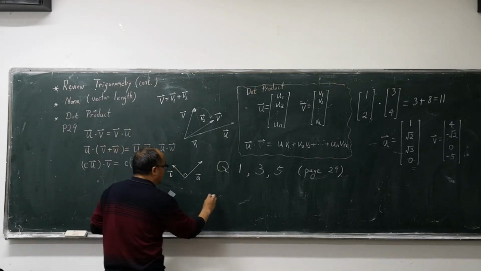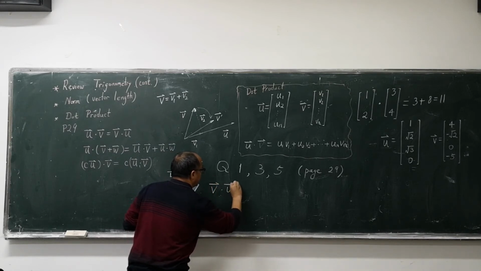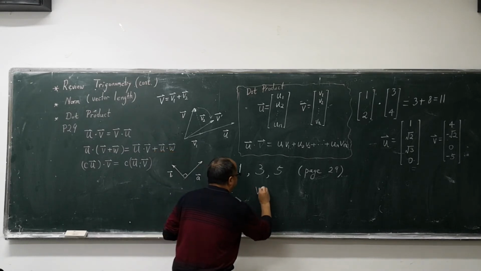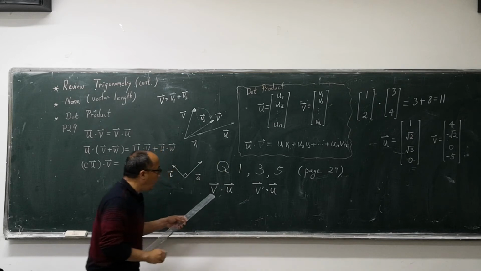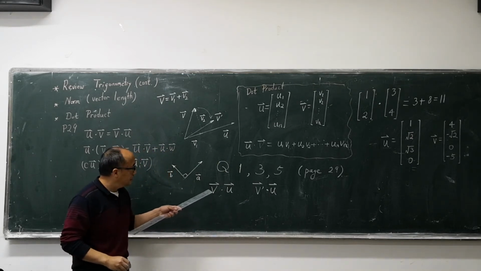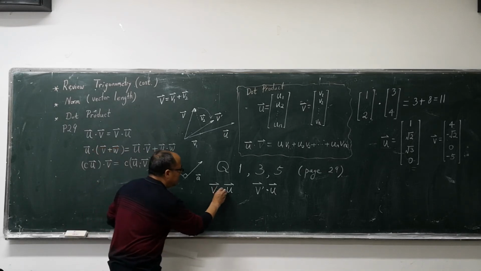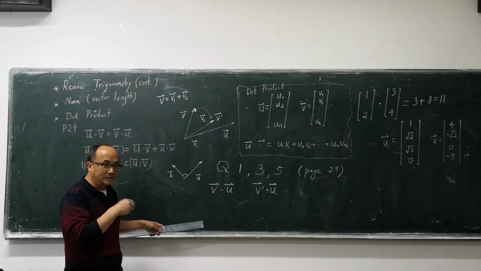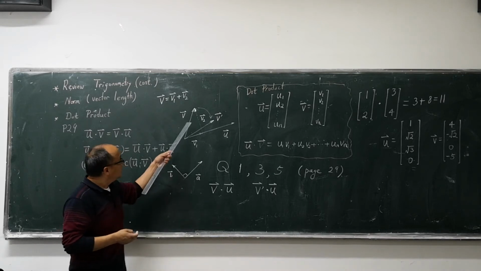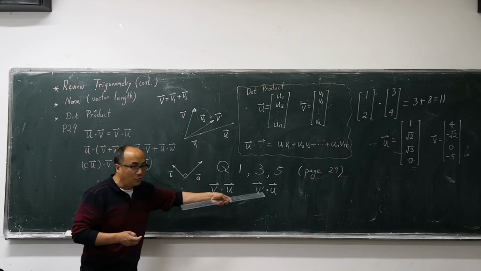Can you tell me V dot U or V prime dot U, which one is larger? First of all, dot is a number, okay? So we can say larger or smaller. Which one is the larger?